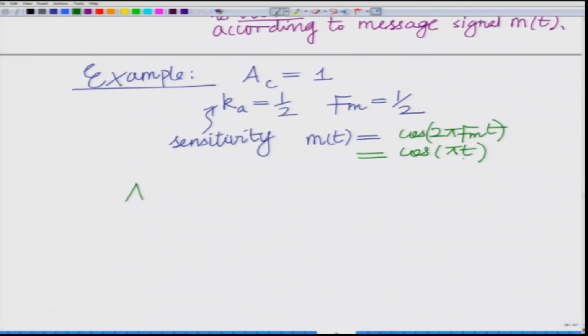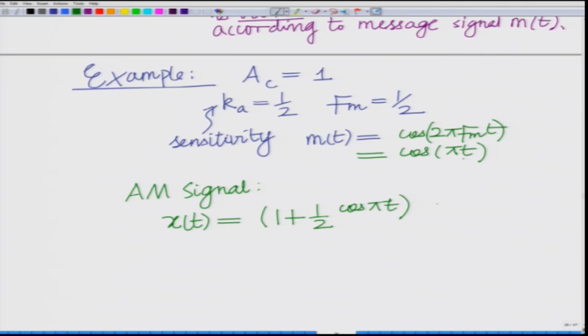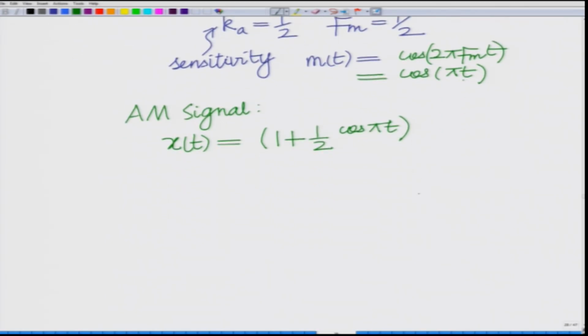Therefore, the AM signal x(t) is given as Ac, that is 1, times 1 plus Ka, that is half, cosine pi t, times cosine 2 pi fc t.